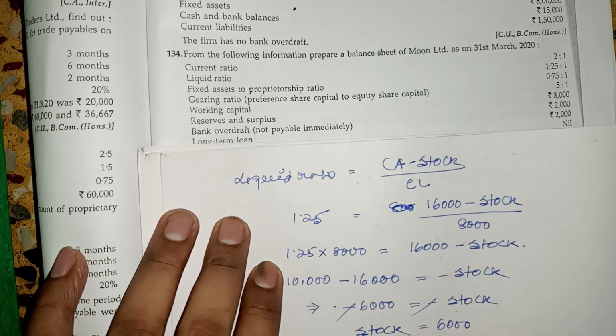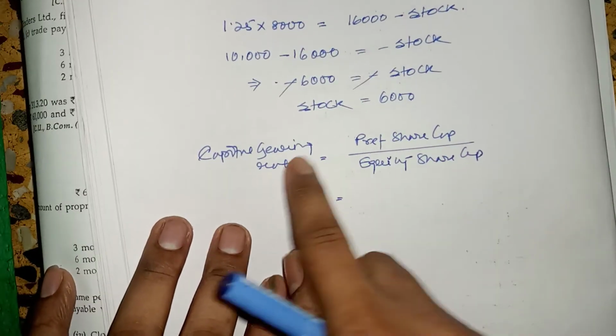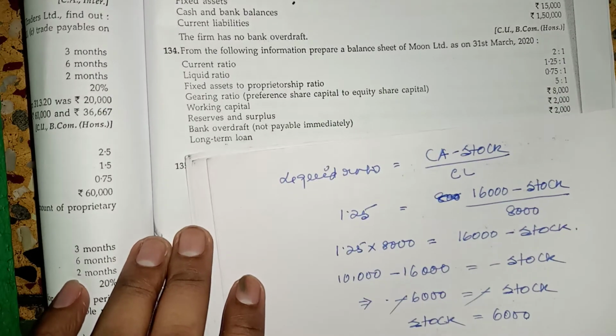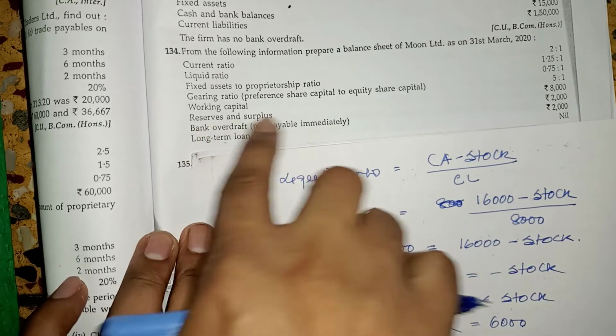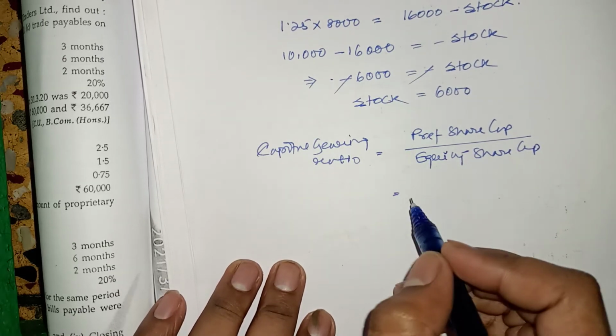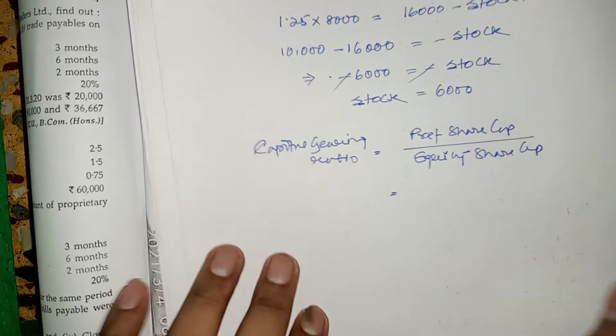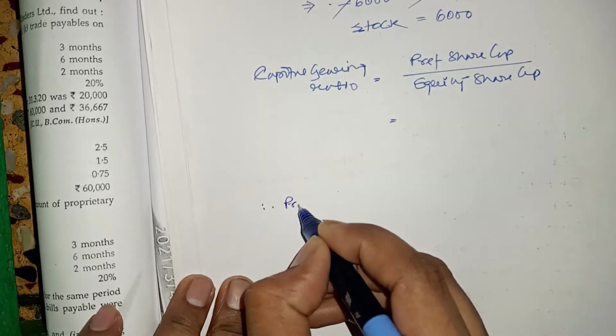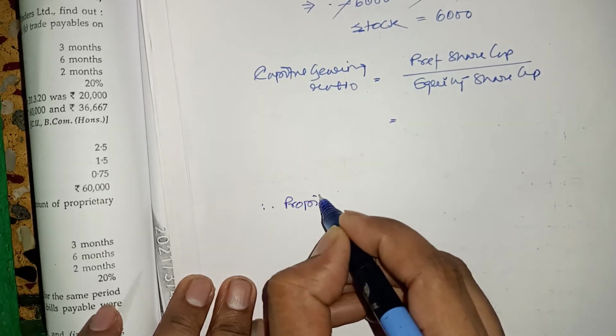So we don't know the value of the preference share capital. We don't know the value of the equity share capital. But we know the reserve and surplus. So as a result, we know our total proprietors fund.